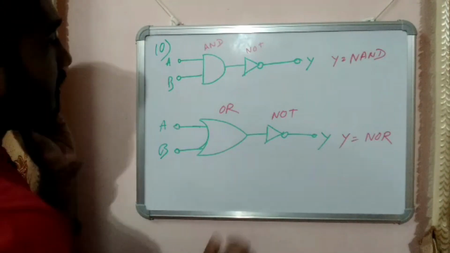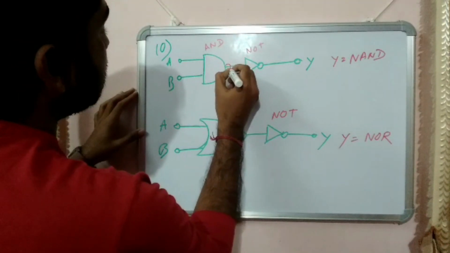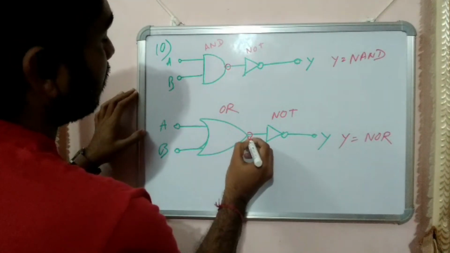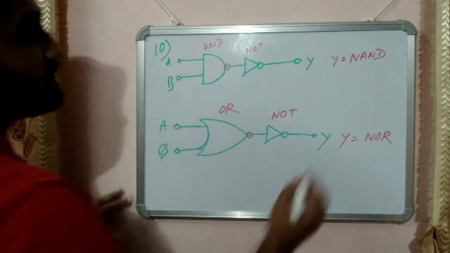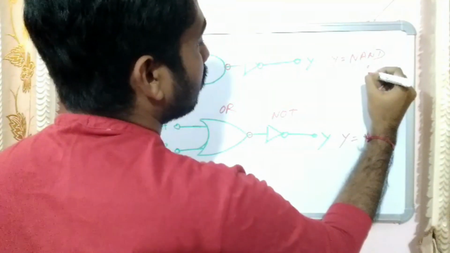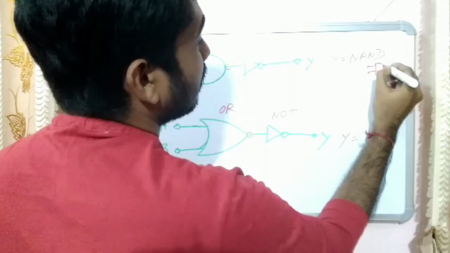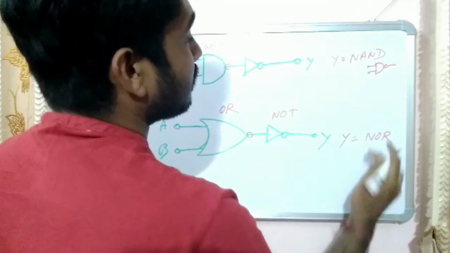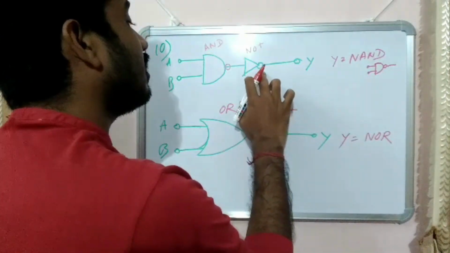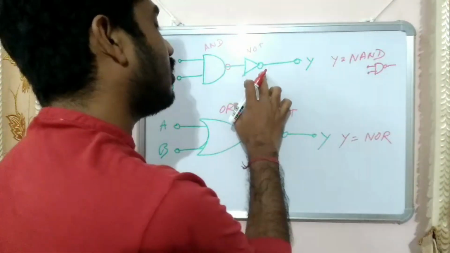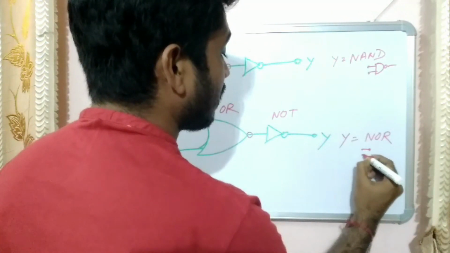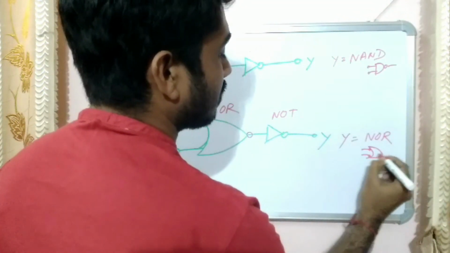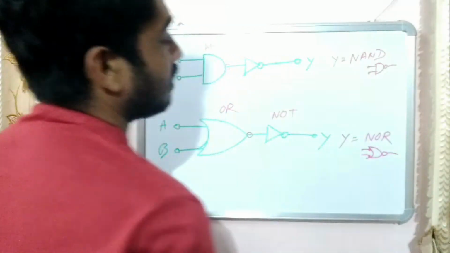Now if there is a little change in the circuit, what will it become? Generally a NAND gate looks like this. This is AND and the round shape of NOT is here, and NOR looks like this. Okay.